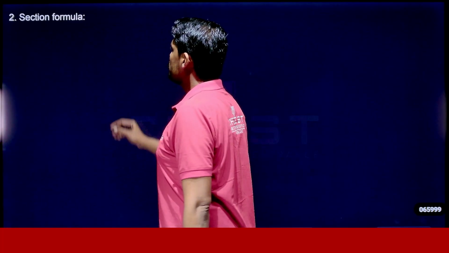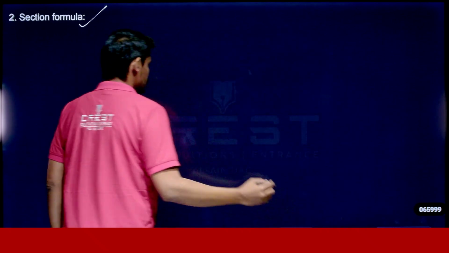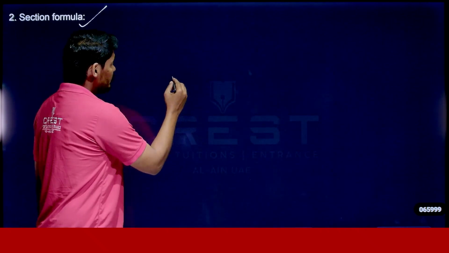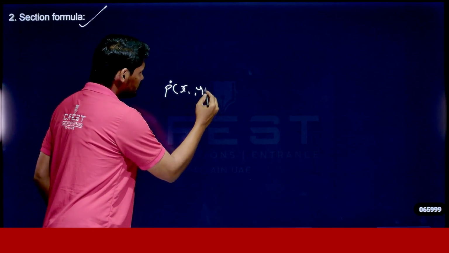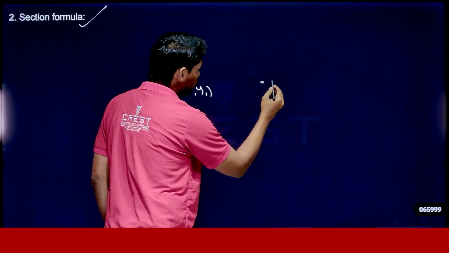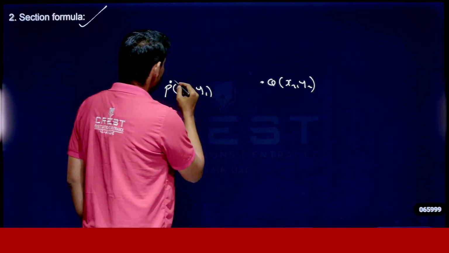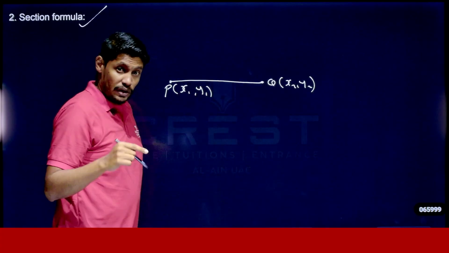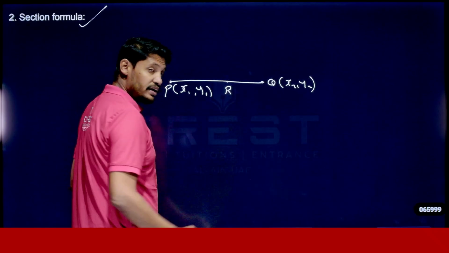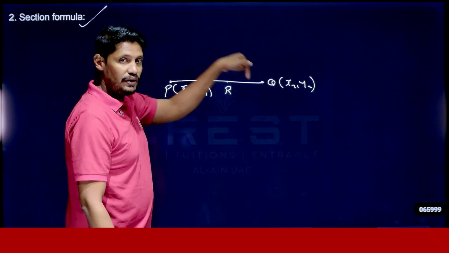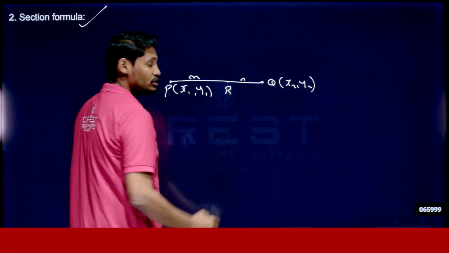Next one, what is a section formula? This is also something you have studied in lower class. Section formula says that if I have a point P (x1, y1) and another point Q (x2, y2), and I want to find a coordinate R, where R is the internal division between P and Q and we know only the ratio m is to n, it cuts in the ratio m is to n.